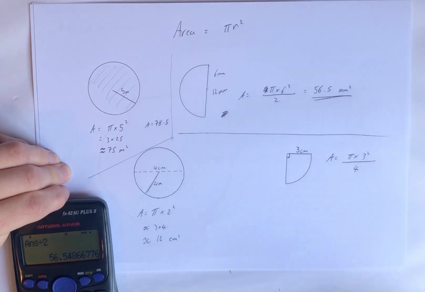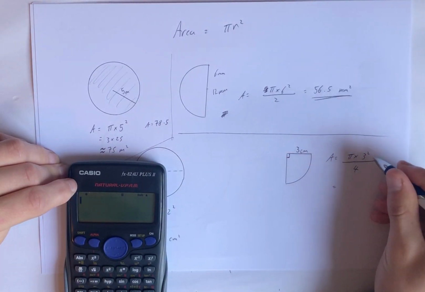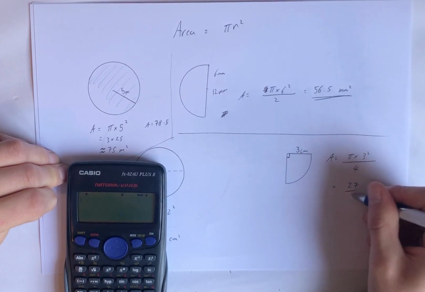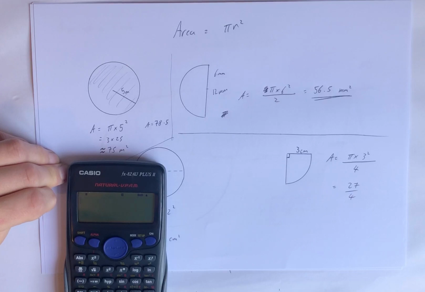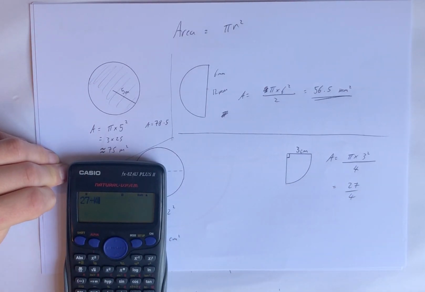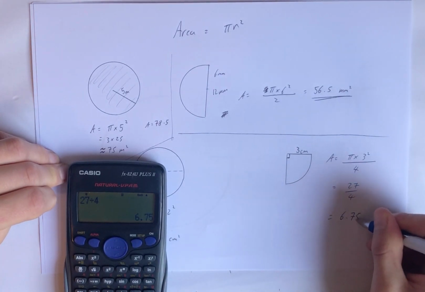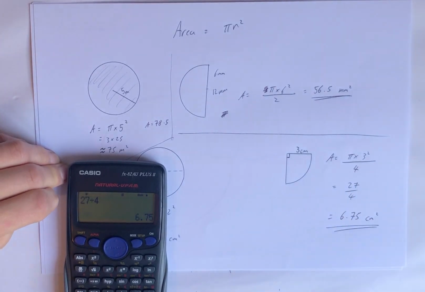So we have to divide that by 4. So I'll do this one with 3. So we've got 3 times 3 squared, so that's 3 to the power of 3. 27 over 4. We could do some short division and all of that, but 27 divided by 4 is 6.75, and that's going to be centimeters squared, and we're done.